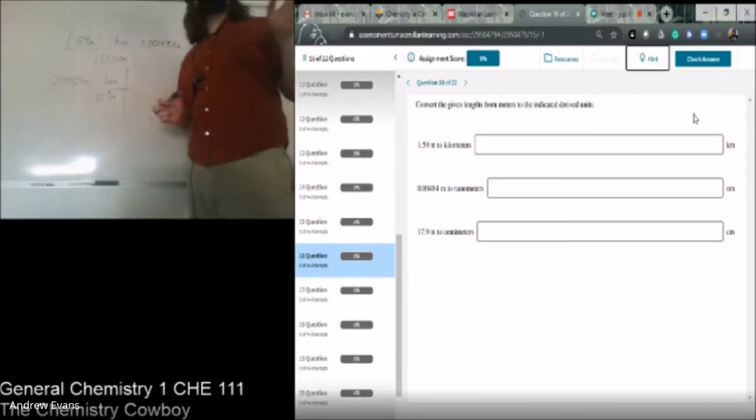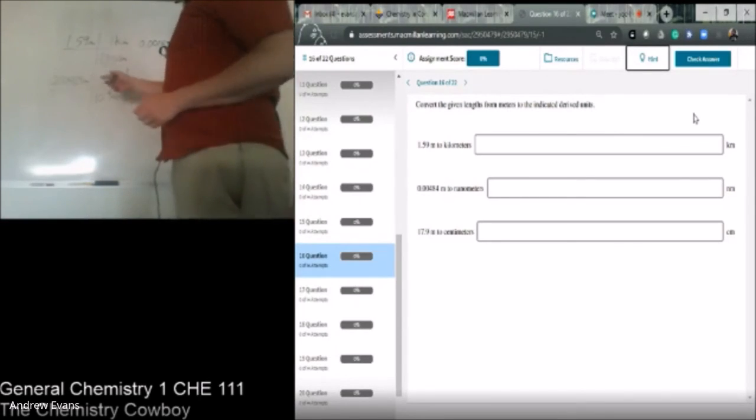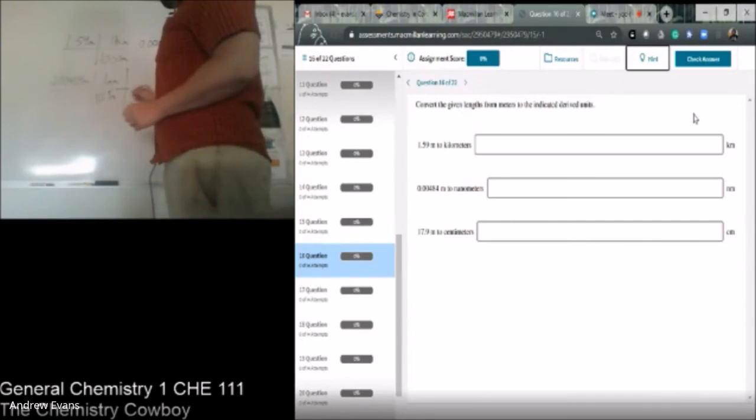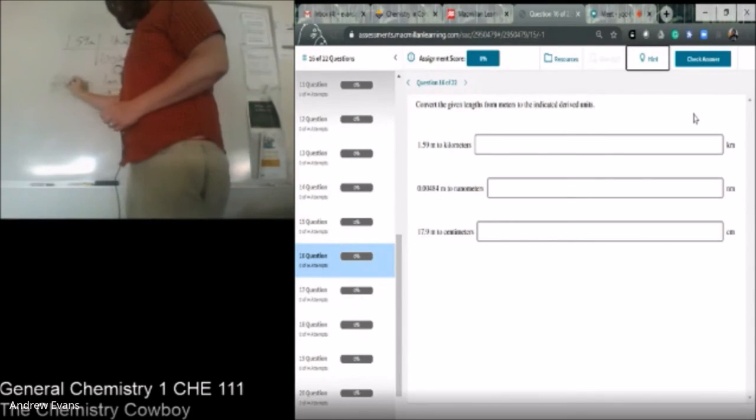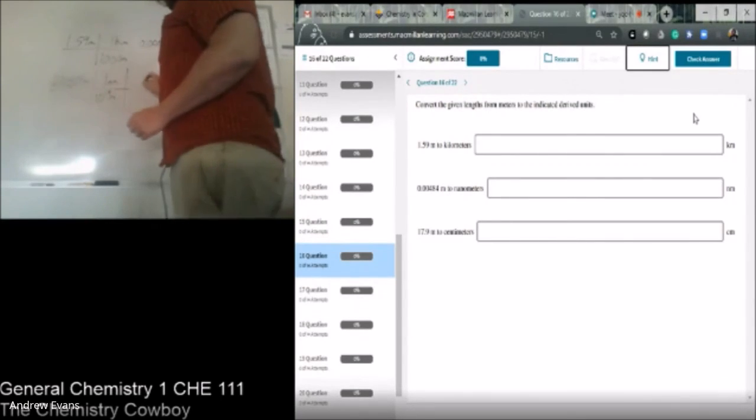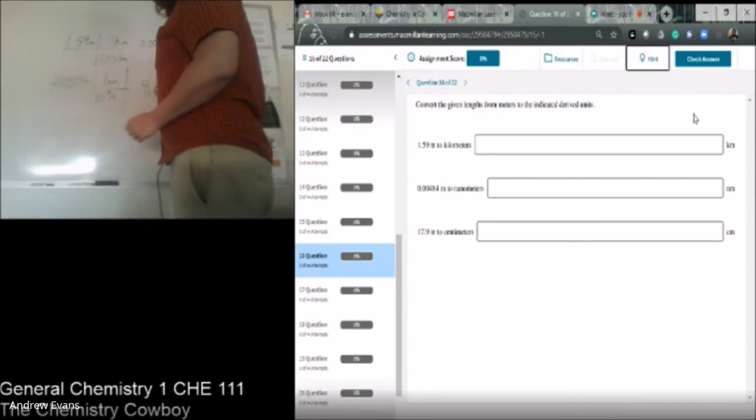We're turning a big unit into a small unit, so we should have a lot of small units. So 1, 2, 3, 4, 5, 6, 7, 8, 9.